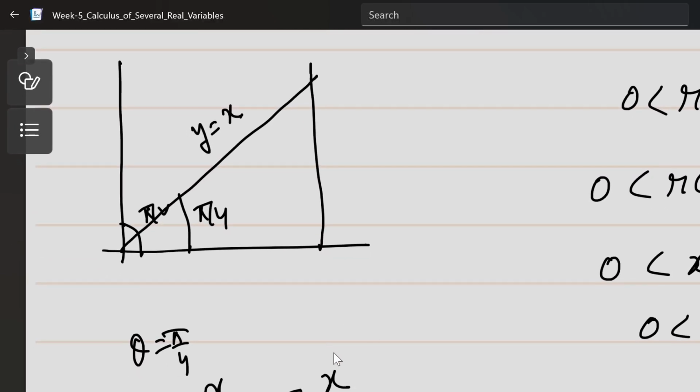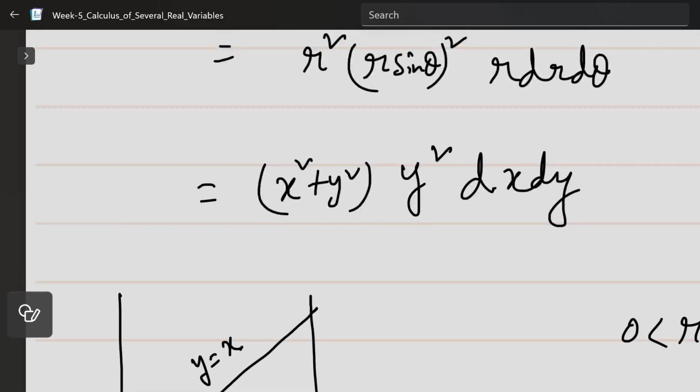So what is the region? What is the integral? The integral is: x varies from 0 to 2 and y varies from 0 to x. Or I have to write it differently: y varies from 0 to x and x varies from 0 to 2. This is correct. Okay, understand?